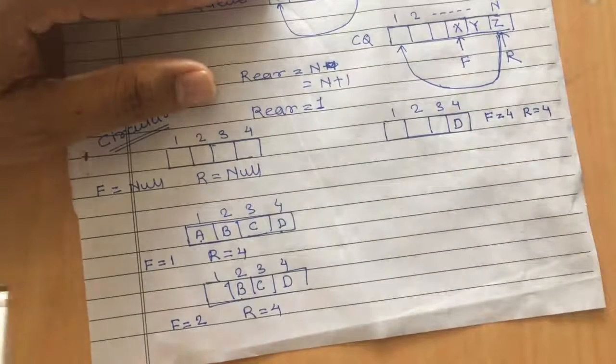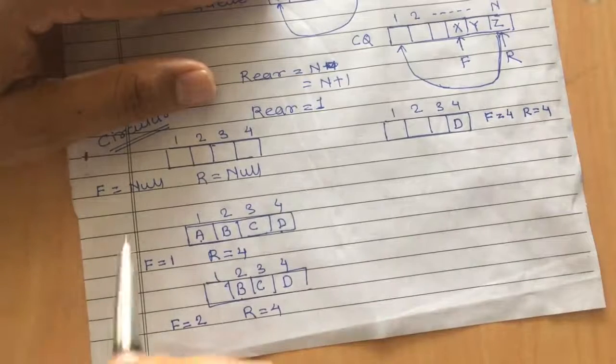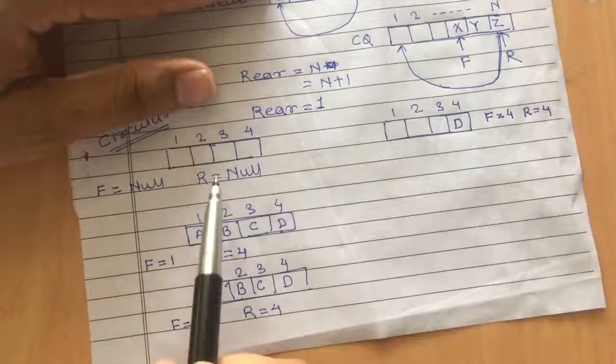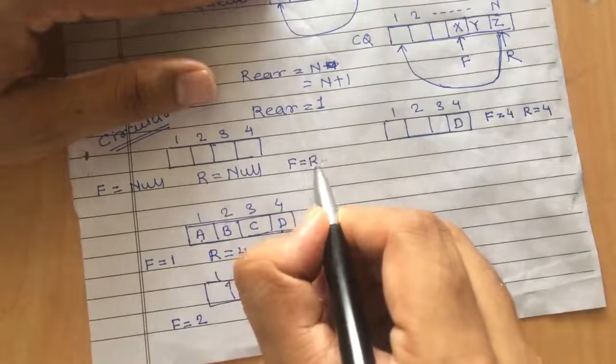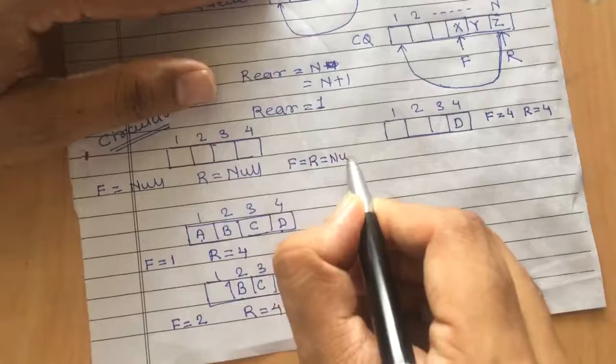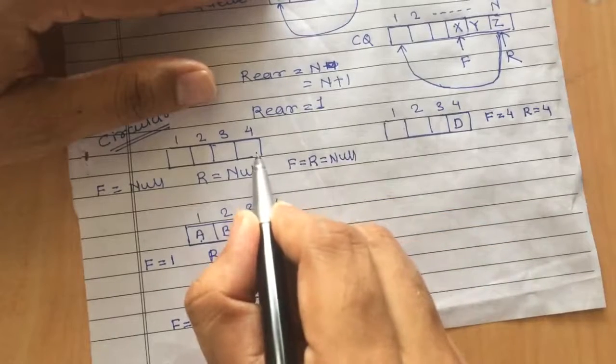So my front will point to the fourth location and rear will also point to the fourth location. Remember, when front is equal to rear is equal to null, only at that time our queue is empty.